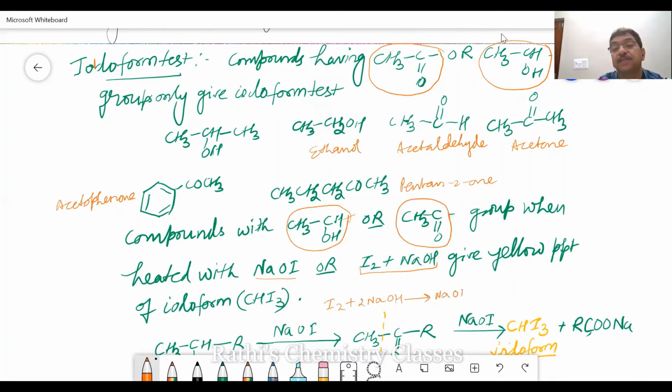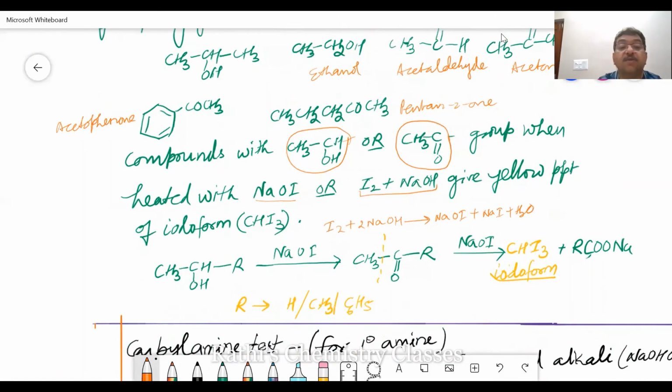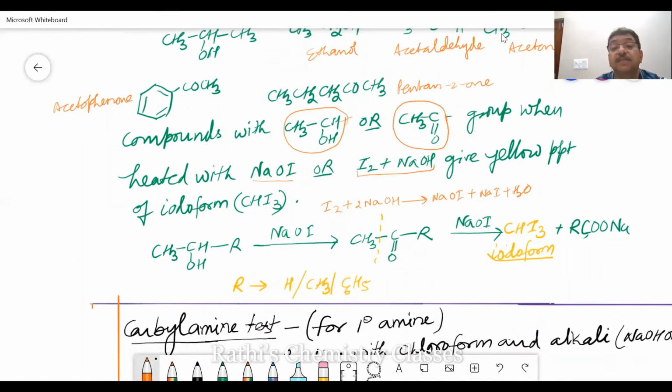Sodium hypoiodite is obtained like this. And if we are starting with alcohol, then first it oxidizes the alcohol into ketone. So again we obtain the methyl ketonic group, which on further heating with NaOI gives a yellow precipitate of iodoform with carboxylic acid sodium salt.